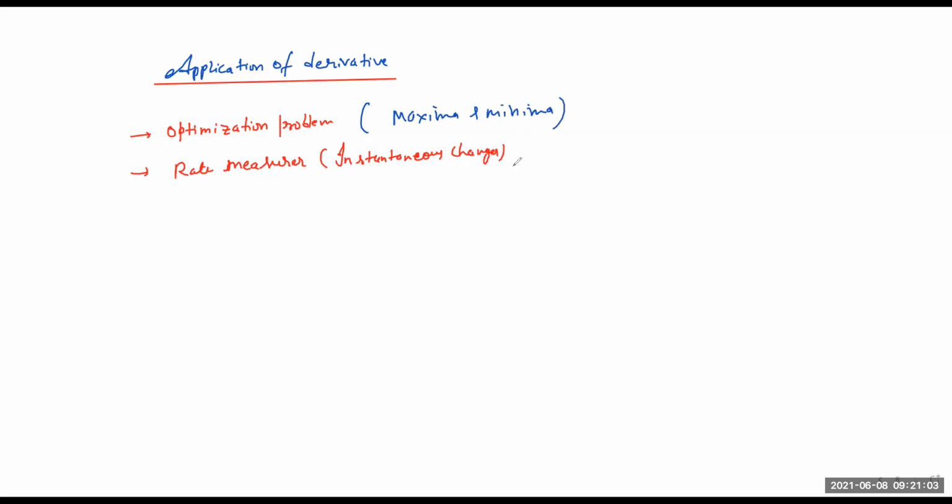And then we have a rate measure. So that's why we say to use the derivative as a rate measure, we can use the concept of calculus. So first of all, we'll learn something called maxima and minima. So what is maxima and minima in the context of calculus?